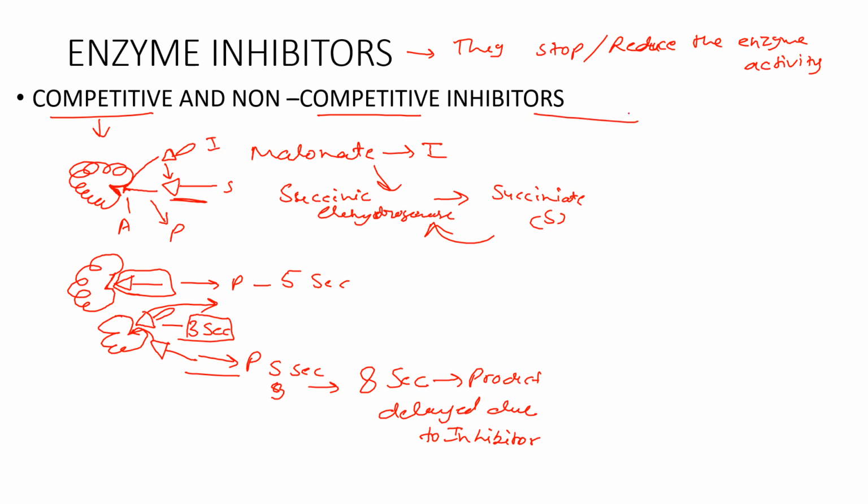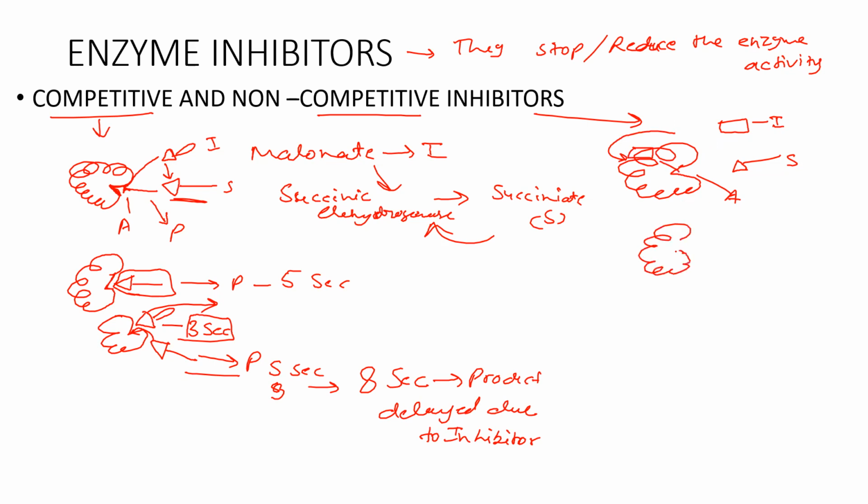Now, the non-competitive inhibitor. Suppose here is the enzyme. This is the active site, this is the substrate, and this is the inhibitor. Here, the inhibitor will not fit to the active site. It will fit to any other place, suppose here, and change the shape of the active site.